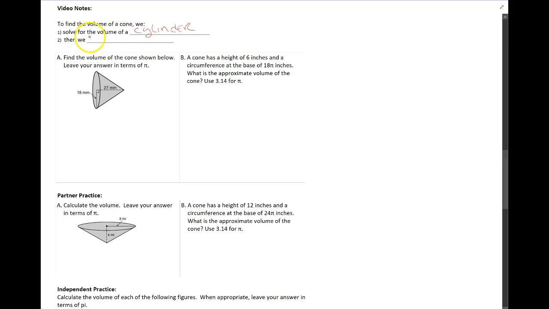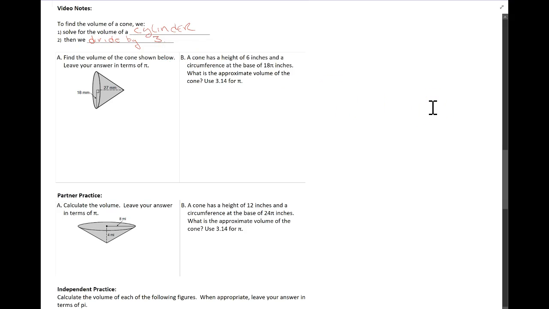Then all we do is divide the volume of that cylinder by 3. Every time you divide by 3 for a cone. Never by 4, never by 2. You always divide by 3.